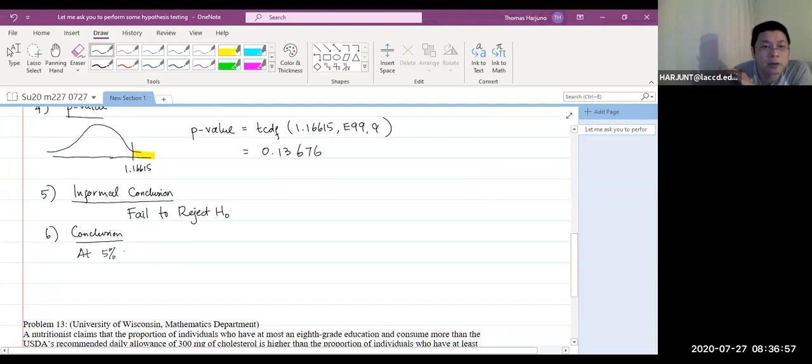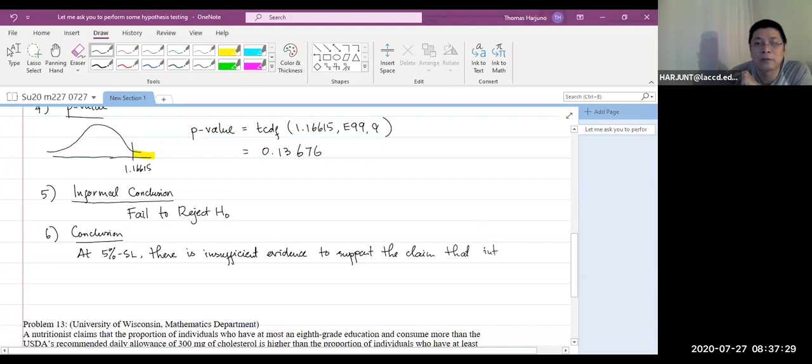At 5% significance level, there is insufficient evidence to support the claim that intensive tutoring is more effective than paced tutoring.